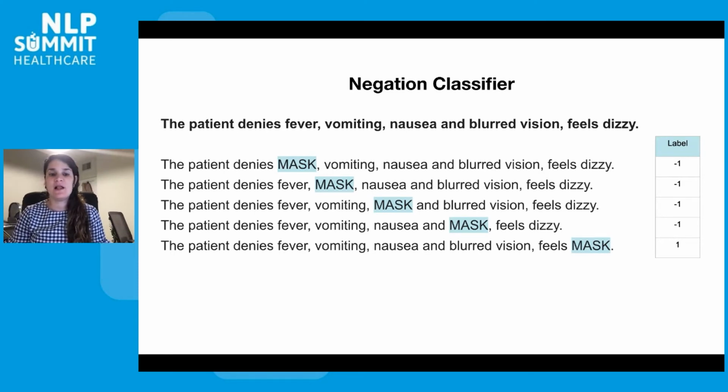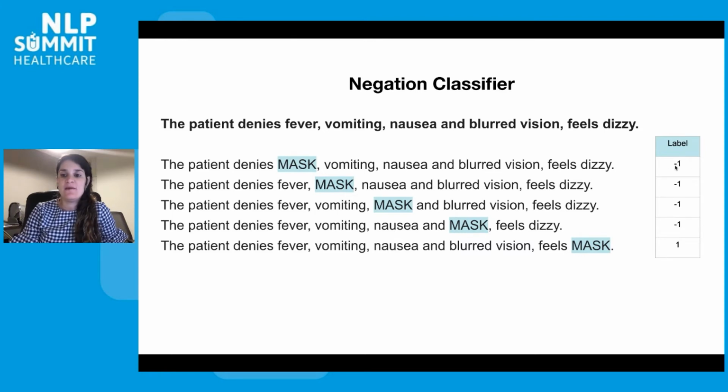The masking mechanism helps us to deal with two issues. One issue is to tell the classifier which one of the concepts in the sentence is now in focus. So, for example, in the first sentence, we want to put the word fever in focus. We use a mask to declare it.